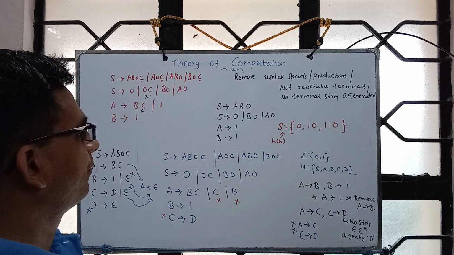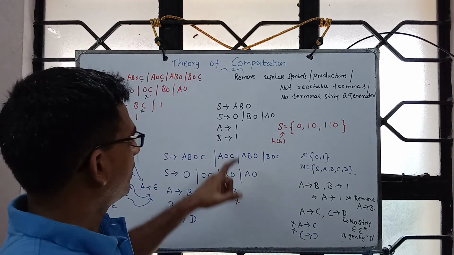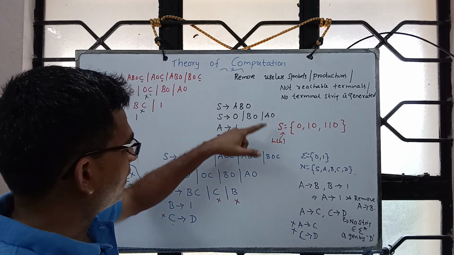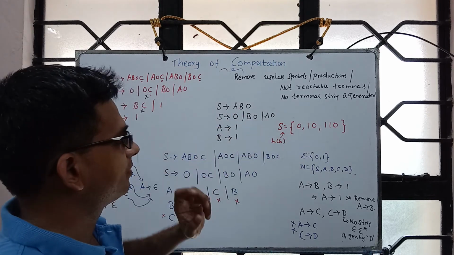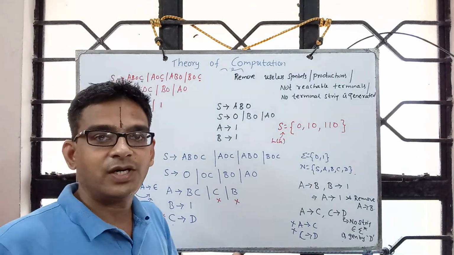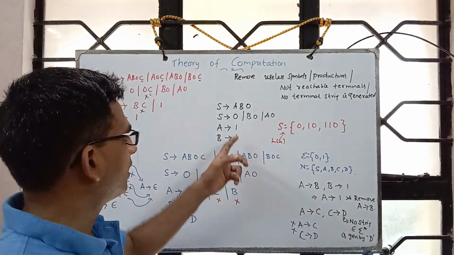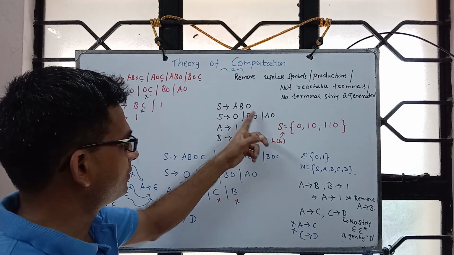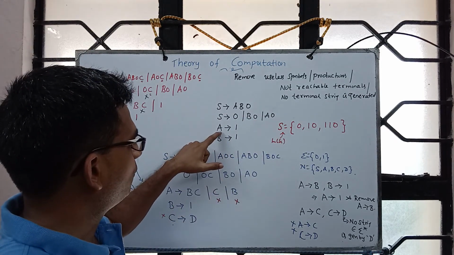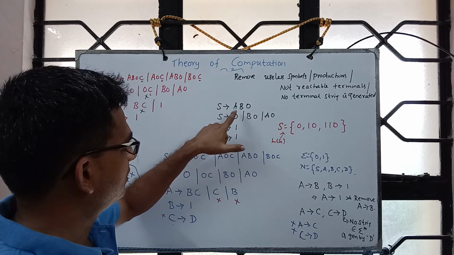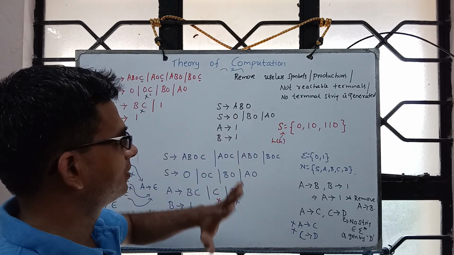That is all. And there is no further recursion because S is not appearing on the right. Since S is not appearing on the right, what is generated by this must be a finite set. Substitute 1 for this, substitute 1 for this, substitute 1 for this.